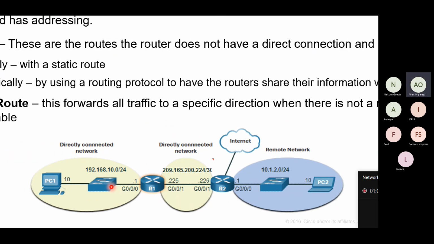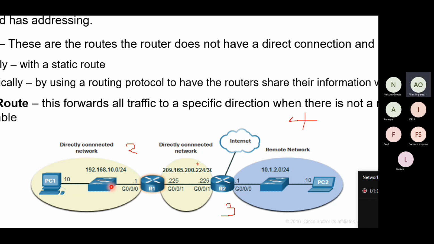The total number of networks here is 4. R1 is directly connected to 2. R2 is directly connected to 3, because of course they are sharing this one.